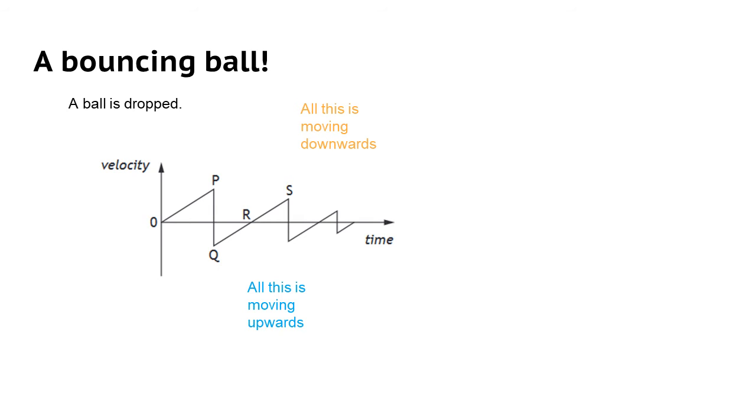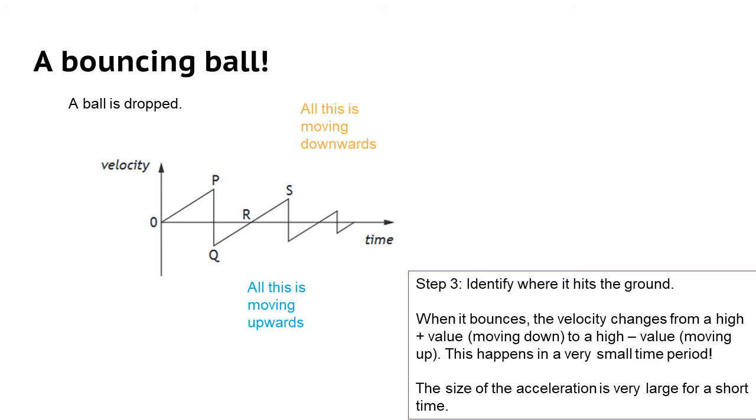Okay, now we've established which way is downwards and which way is upwards. So positive above the axis is downwards, below the axis is negative and is upwards. So the next thing we need to do is identify where it hits the ground. When it bounces, the velocity changes from a very high positive value to a very high negative value.